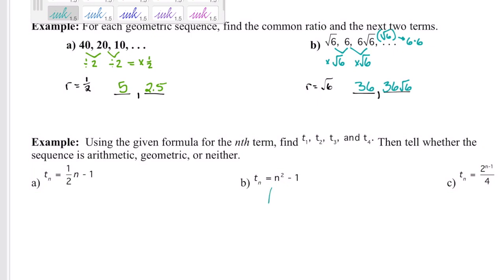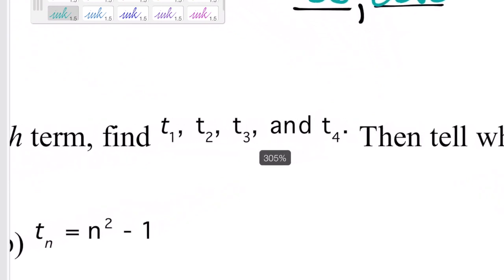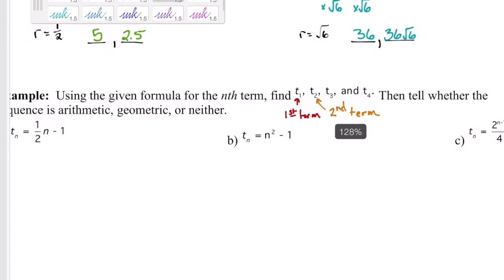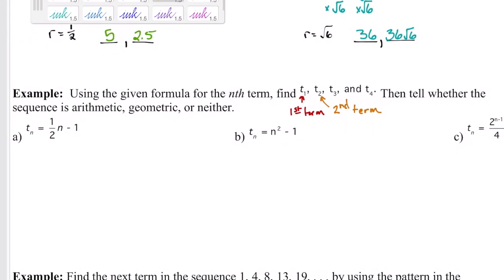So whenever they're talking about the nth term and they want us to find t sub 1, t sub 2, t sub 3, and t sub 4, they're talking about the first term, second term, third term, and fourth term. So we're going to be plugging in 1, figuring out what that is, plugging in 2, figuring out what that is, 3 and 4, etc. And then they want us to look at the pattern, see if it's arithmetic, geometric, or if it's something else entirely.